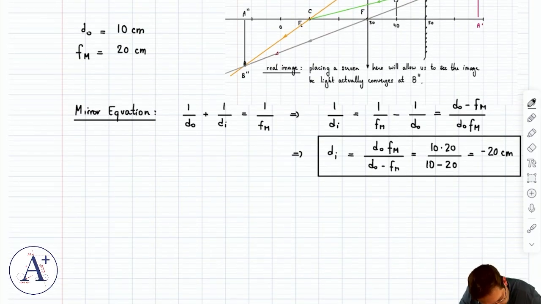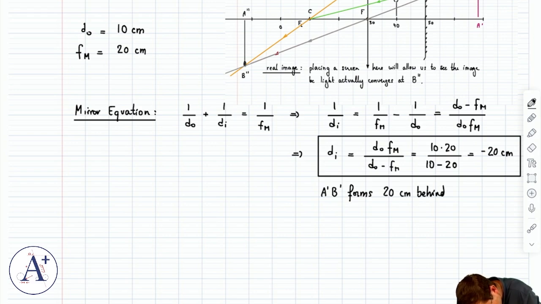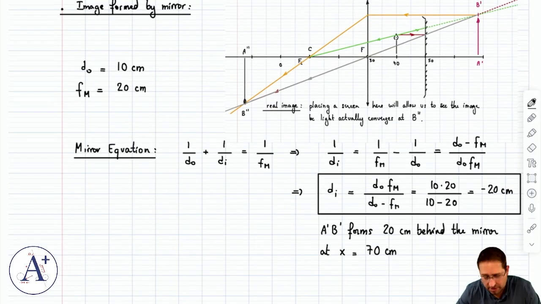So we're going to say that A prime, B prime forms 20 centimeters behind the mirror, at x equal to 70 centimeters, because if my mirror is at 50, then plus 20 is going to be 70.